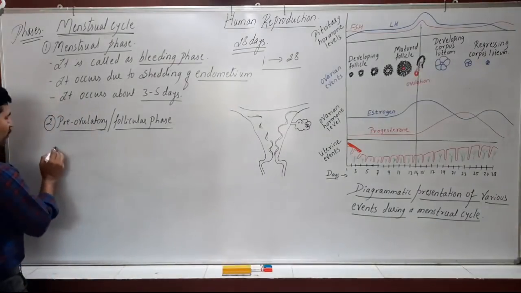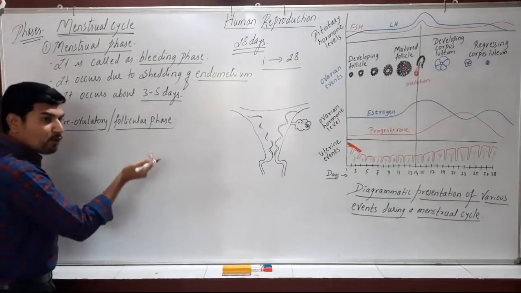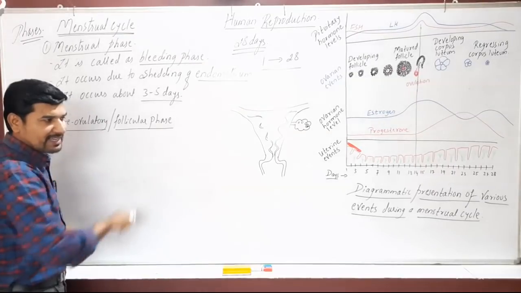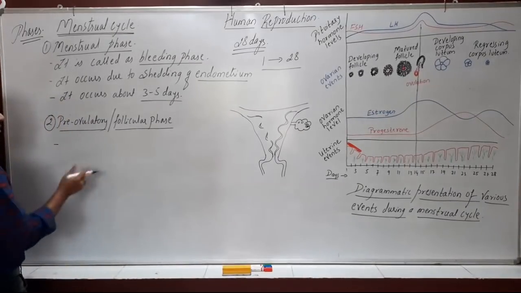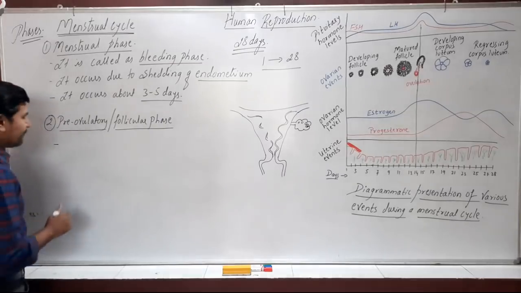Now, this pre-ovulatory phase occurs before ovulation, because ovulation occurs exactly on the 14th day of the menstrual cycle. So pre-ovulatory, meaning before ovulation, what happens?